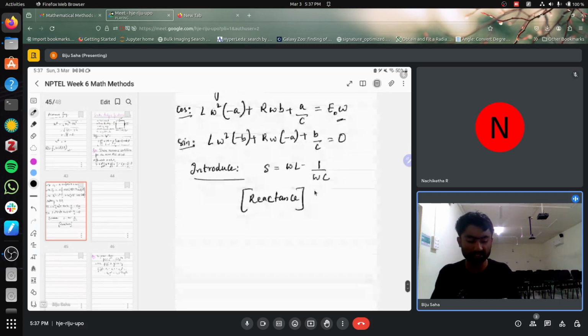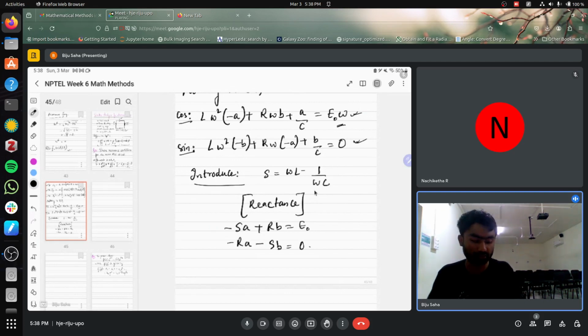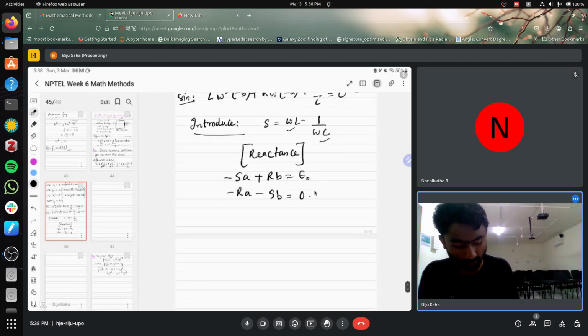With this replacement, we can rewrite these two equations in this form. R is my resistance and S is the reactance, the resistance offered by the inductor and the capacitor. So this is the main form we have.